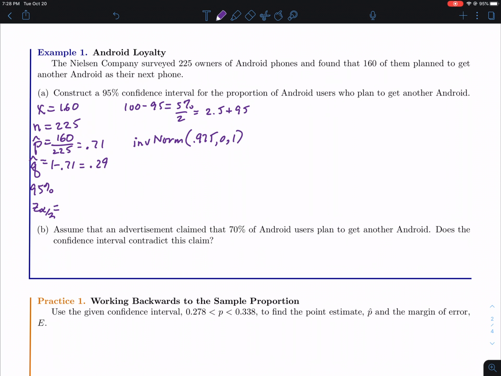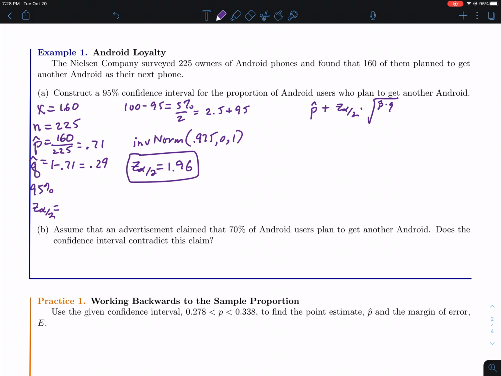So in this case, my z alpha over 2 is going to be 1.96. Now I've got all the information I need to come up with my confidence interval. Let me jot it down: I'm going to look for p hat plus z alpha over 2 times the square root of p hat. Oh, goodness, that's terrible, it's kind of ugly looking.